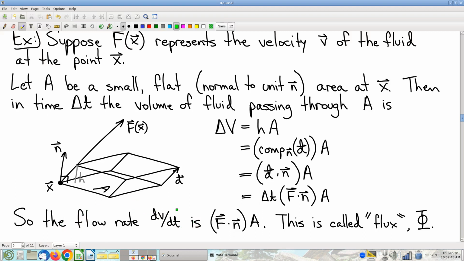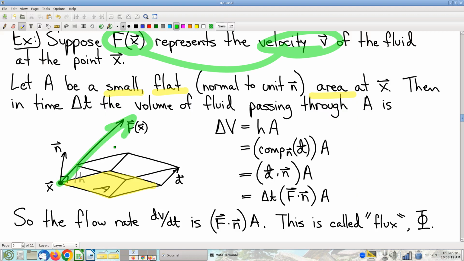And so, for example, here's a piece of area, and we're going to start off here in Chapter 3 anyway. We're going to talk about a small, flat, very importantly, small and flat piece of area at a given location. And if the fluid's flowing around, and again I have a vector field here representing velocity, and if that vector field is doing like this, that means that the fluid is doing like this. The fluid is passing through that piece of area.